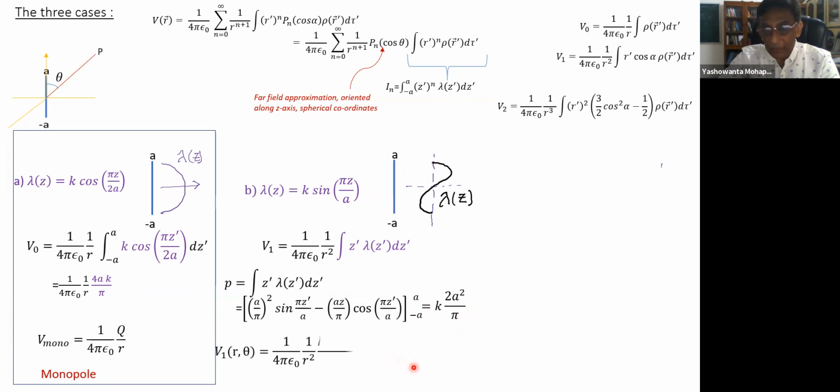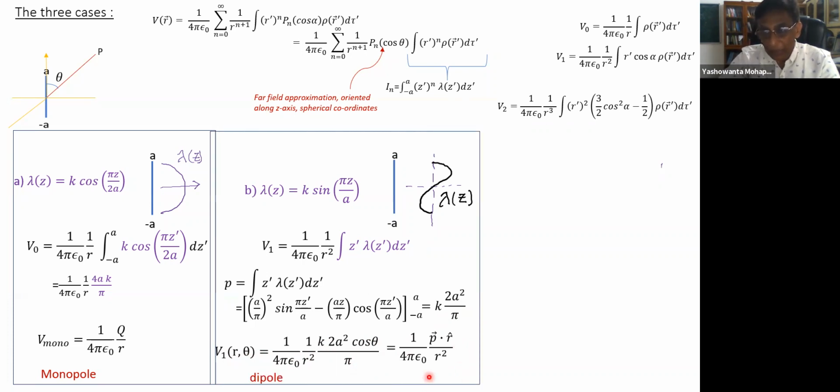The leading order term then is p, simply k 2a squared by pi, times cos theta. So that is V1 of r theta. That's an example of the leading order being dipole. So obviously this is a dipole term.